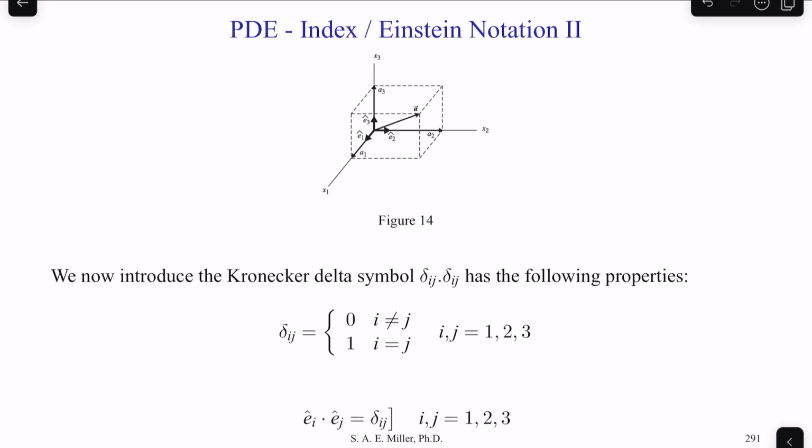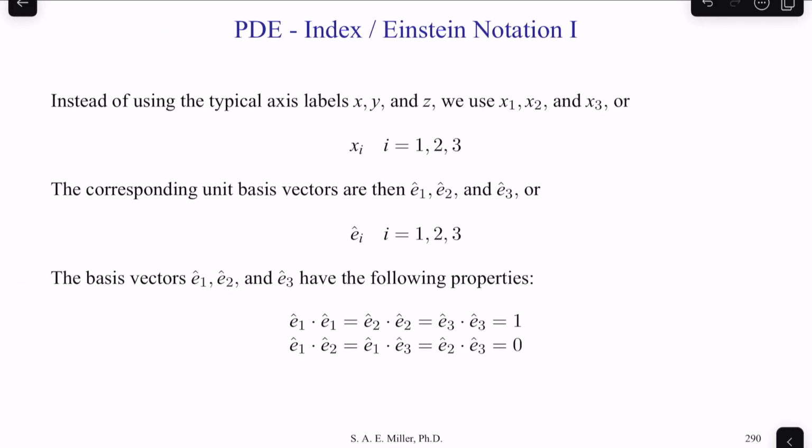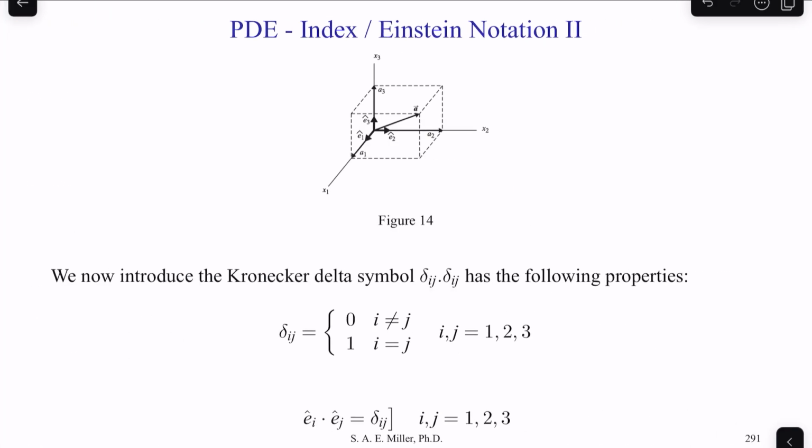Now, we want to be able to write these things more compactly, and this is where the idea of the Kronecker delta function comes out, and that'll be written as delta ij. So we're going to say, what are the properties of delta sub ij? That's right here. If i equals j, the Kronecker delta function for i equals j will be 1.